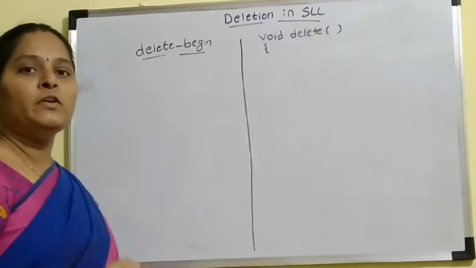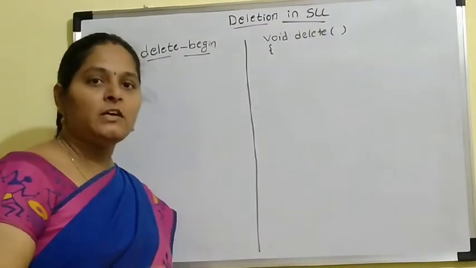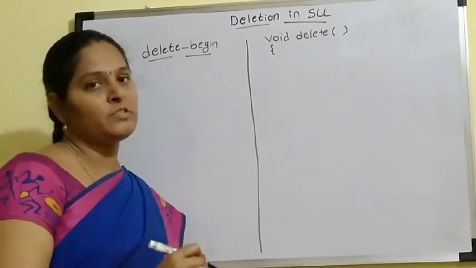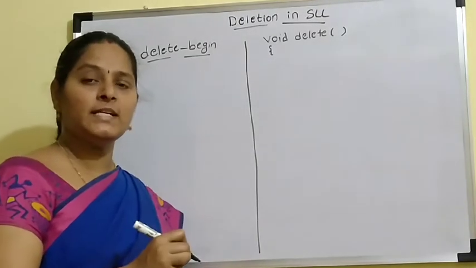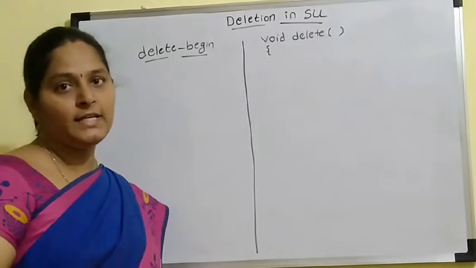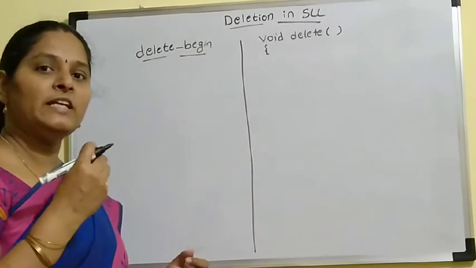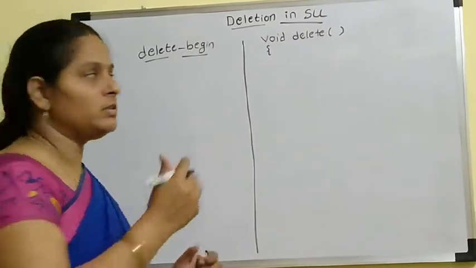If you want to delete a node from the list, first of all, the list should have some elements. If the list is empty, we cannot delete any node from the list. So first of all, we need to verify whether the list is empty or not. How to verify?